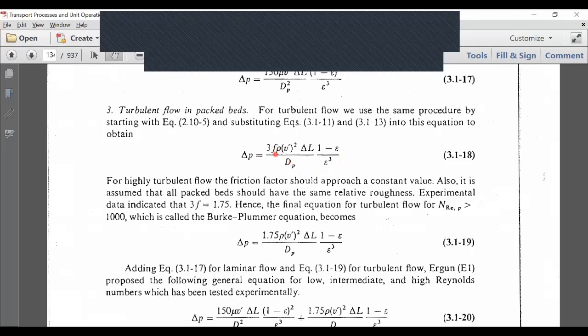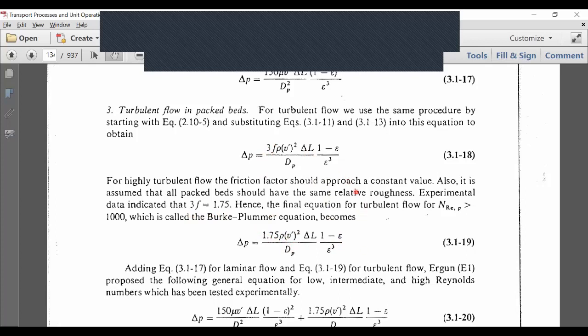Since 3f, which is 3 times the Fanning friction factor, equals 1.75 based on experimental data, we can change 3f to 1.75. So it becomes 3.119. And this is only for turbulent flow.